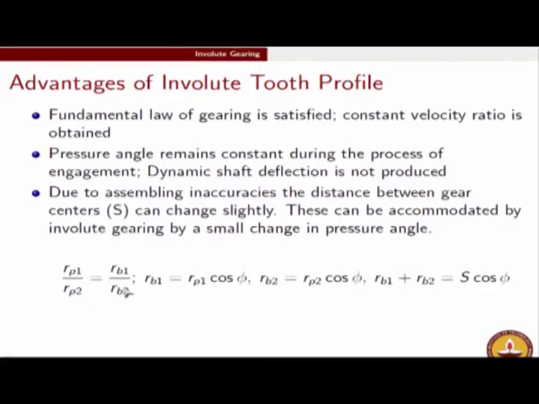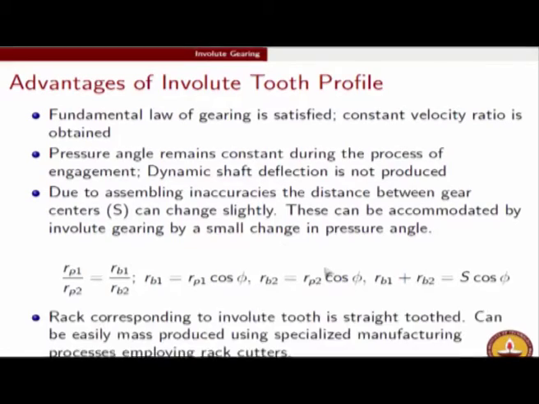The gear ratio will remain unaffected and will be held constant for all times. So nothing of those sacrifices will be made. The only compromise will be in the pressure angle calculation, which is what we will show probably in the next class when we meet.